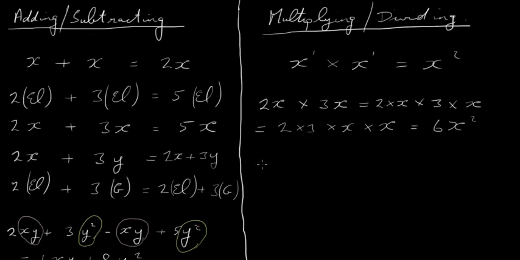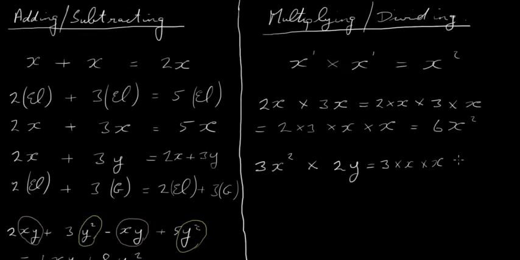If you take, let's say, 3x squared, we're going to multiply that by 2y. What will we get here? Now, what's actually happening here is you have 3, you're multiplying it by x, and you're multiplying it by x. This is 3x squared.